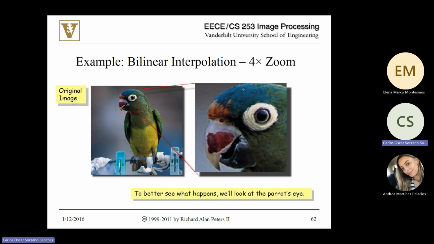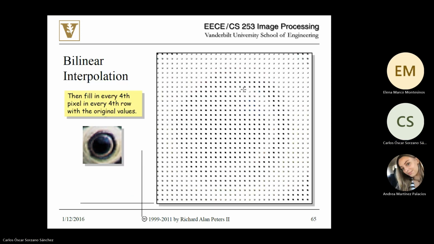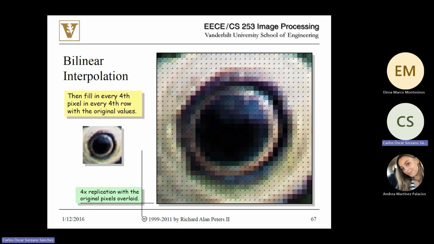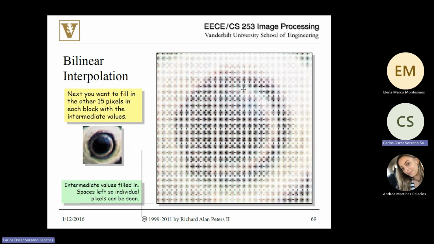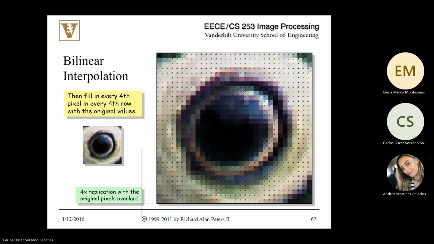Let's say we take the image and enlarge it. We are making it bigger, so now we have to interpolate the values in between. So this is nearest neighbor interpolation, and this is bilinear interpolation compared to this one.